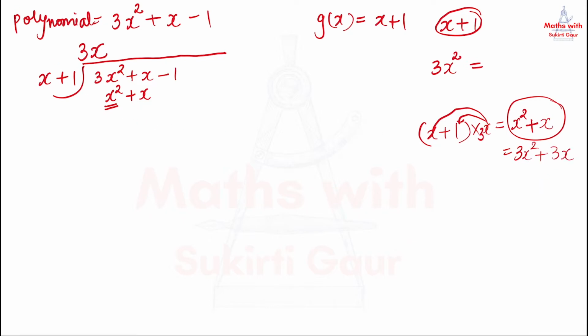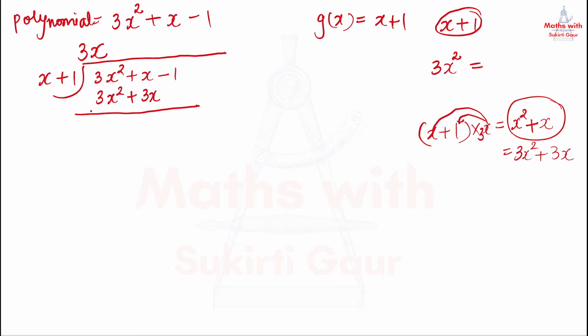So in place of x square plus x, I am going to rub it. We are going to take x plus 1 into 3x, 3x square plus 3x. Our aim was to vanish this first term. I can see the first term vanishing.